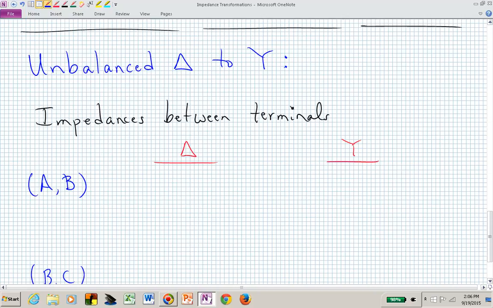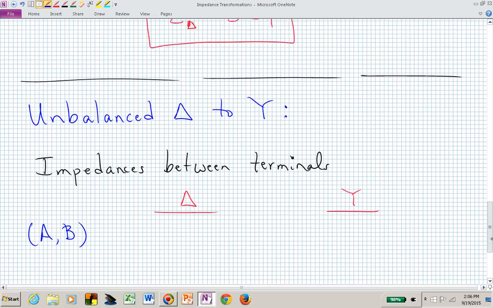If we go back and we look at the impedance between terminals, let's say A and B, between terminals B and C, and between terminals C and A, let's start with the impedance between A and B for both the delta interconnected structure and the Y interconnected structure.